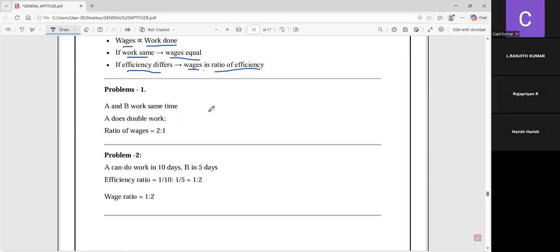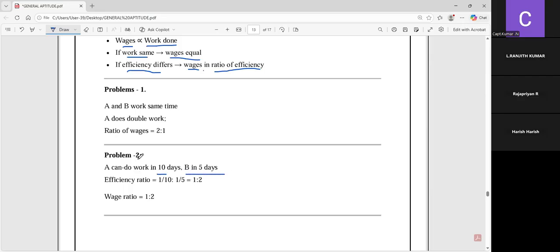First, we're going to see the problem of A and B. What is the same? A does double the work. The ratio is 2:1. And second problem: A can do the work in 10 days, B in 5 days.